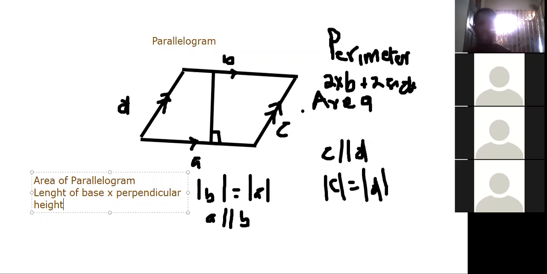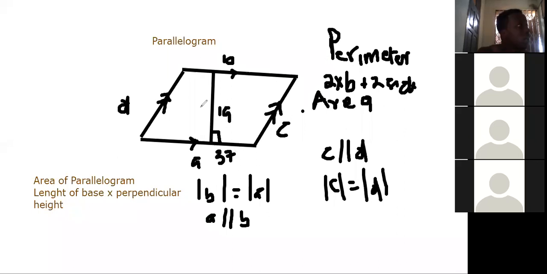Let's go to trapezium. So you can just use the formulas for this. For instance, we are given a question like this: here is 37, here is 19, and here is 25, all in meters. Now do it for me. Find the perimeter.